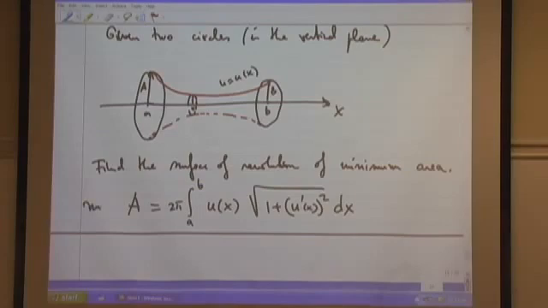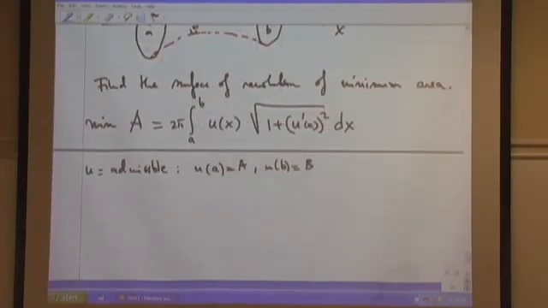So you want to minimize this under the conditions. So u admissible means u of a is a and u of b is b. Okay? So again, it's a standard variational problem.